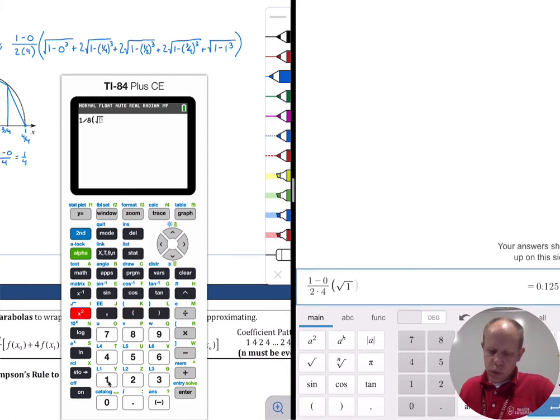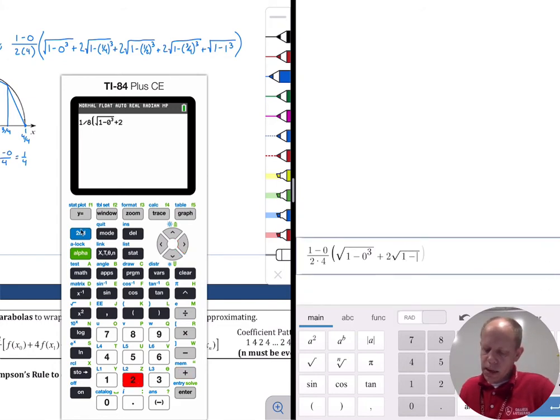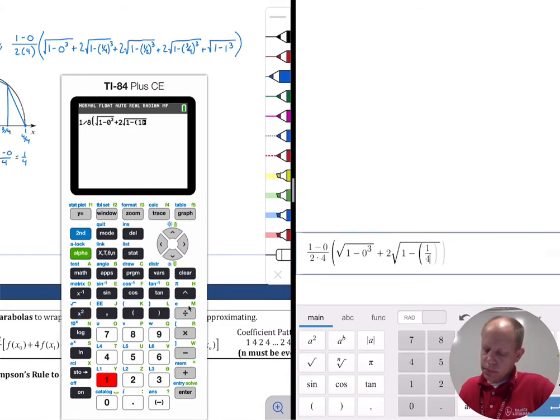And then we'll have the square root of 1 minus 0 to the third power plus 2 times the square root. So we would get 1 minus, this one's going to be 1/4 to the third power. So we do want to use parentheses here. And this is where you can get in trouble a little bit. So you really want to be careful how you're using your calculator.